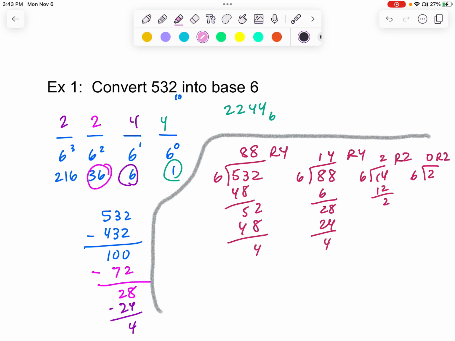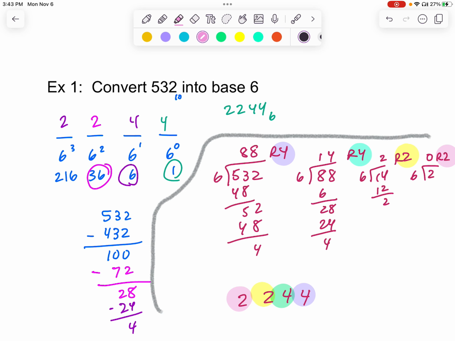Now, these values going from the end back to the beginning are essentially my answers. So my answer is going to be 2, 2, 4, 4. And again, where I'm getting those numbers from are all of my remainders in reverse.